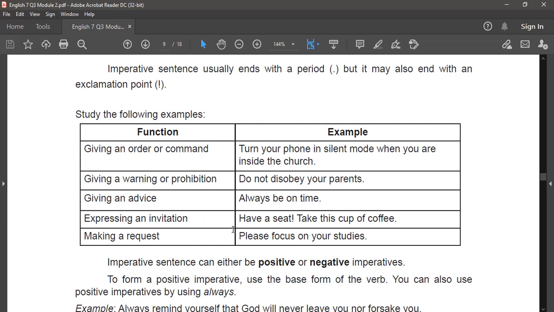So you will invite him to have a seat. Take this cup of coffee. So that is inviting someone. And the last one, making a request. For example, your teacher will be requesting you to please focus on your studies, please focus on answering your modules. So those are, remember students, the functions of the imperative sentence.